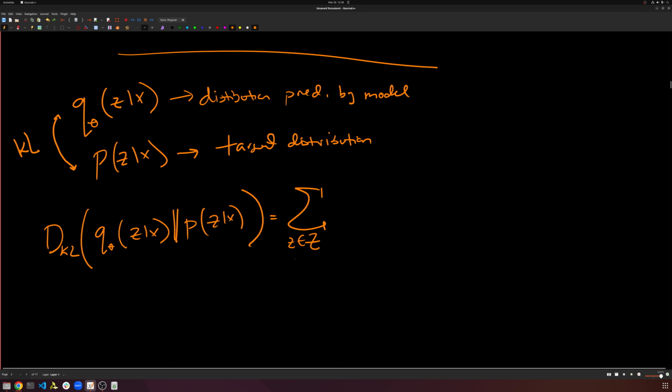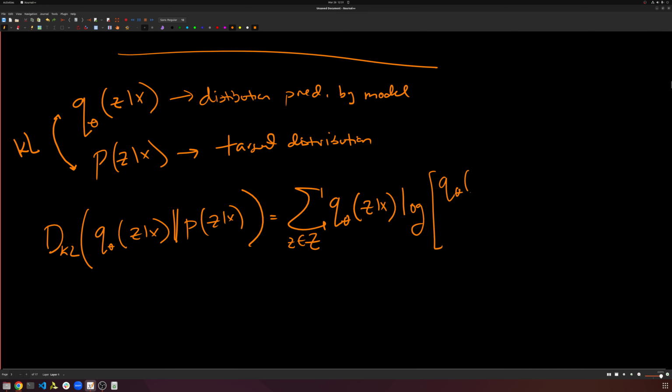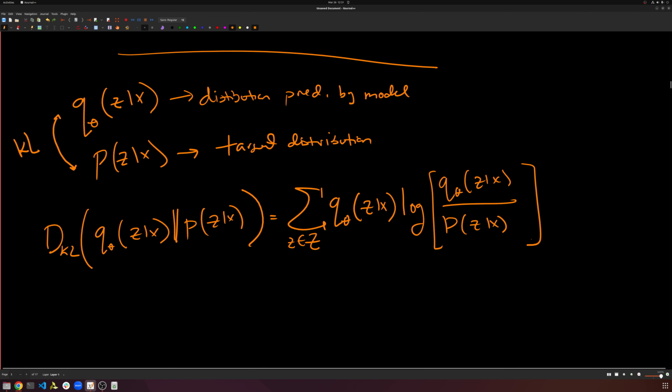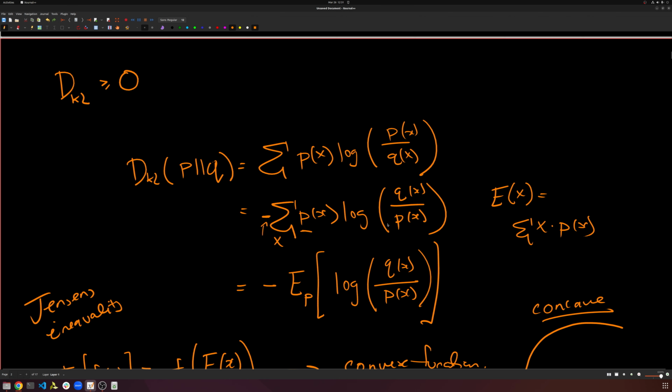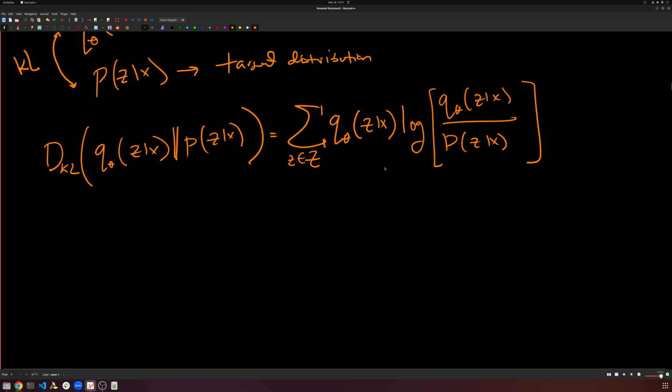So it's going to be the sum over z of Q theta z given x, and then just like before, log of Q theta z given x divided by P z given x. So again, it's exactly the same as our KL divergence formula from before, just applied here.